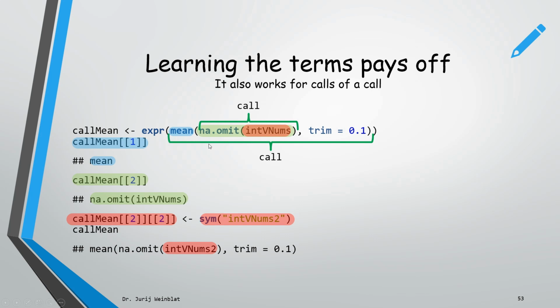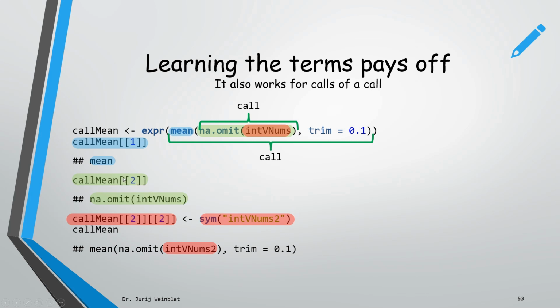In order to do that, we first have to reference it, and this call is on position number 2, because on position number 1 we have the actual function. On position number 3 we would have this constant over here, and on position number 2 you see this call here.